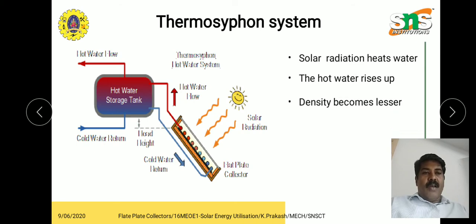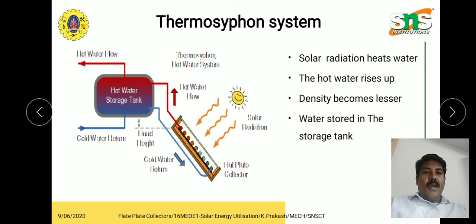That is why hot water rises up because of the density, and the water is stored in this tank. The main thing we have to take into account is the area. The time for which the water is in contact with the sun's radiation is the most important thing.